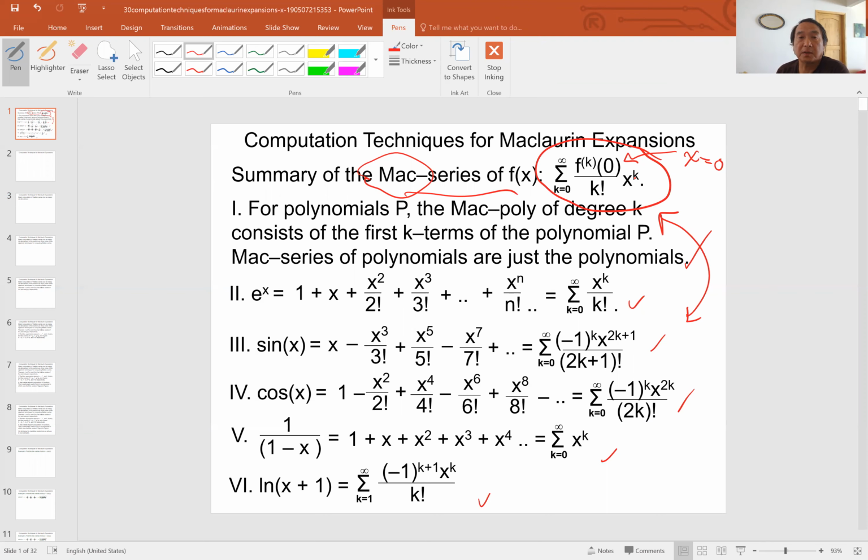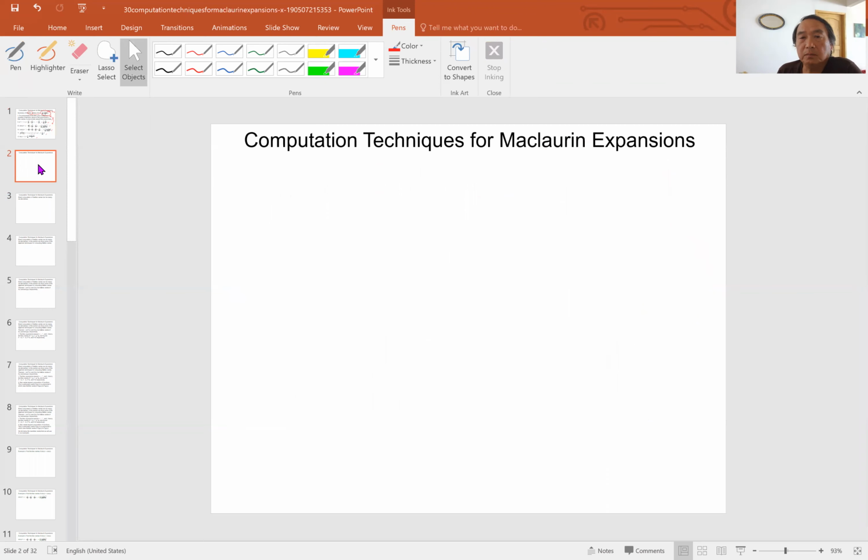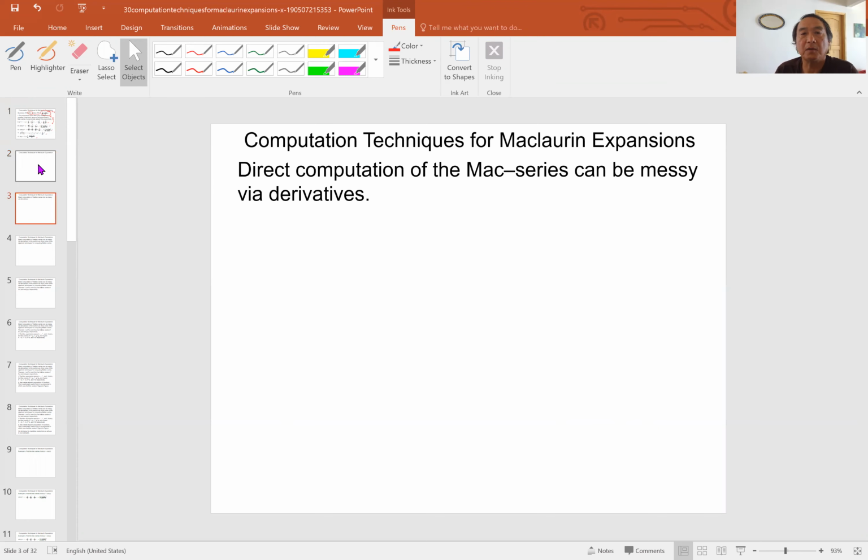Suppose it involves various functions of these three families. How do we find the Maclaurin series for that? Well, just like taking derivatives, we're going to build. Theoretically, although the computation is messy, we can find the Maclaurin expansions for any elementary functions because of the following reasons.